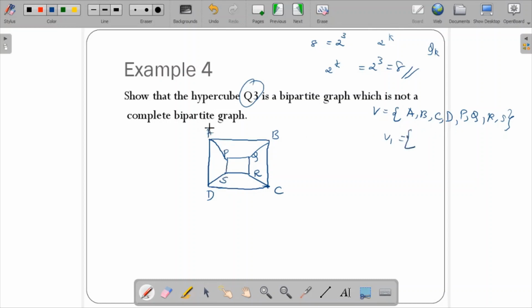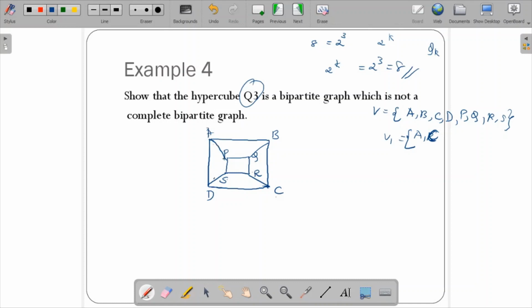Here A is there. For A, what is not connected? It is R, S and C. So you make that as one set, A and C. A to P is connected, A to B is there, A to D is there, so no need.